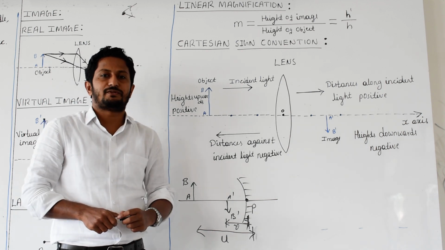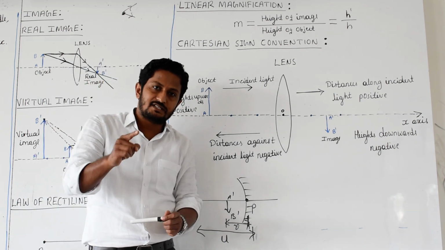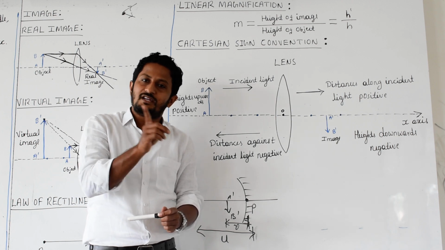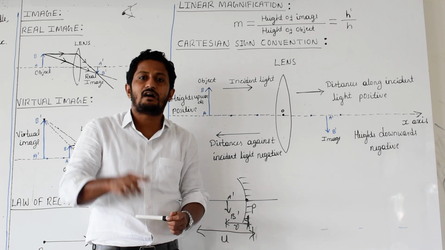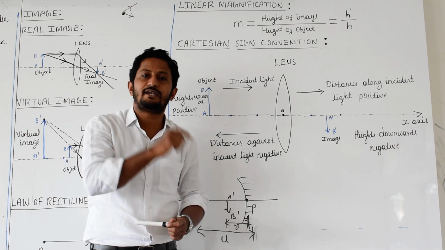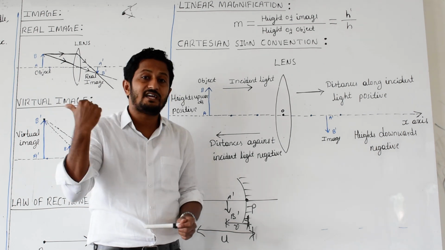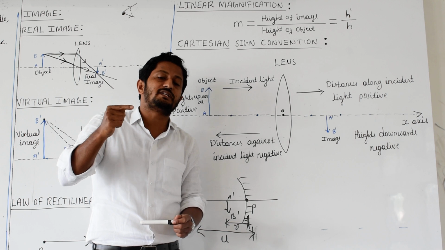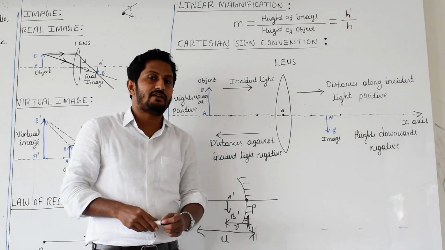Third sign convention. The distances measured against the direction of incident light ray are taken as negative. The distances measured against, or in the opposite direction to, the incident light ray are taken as negative.